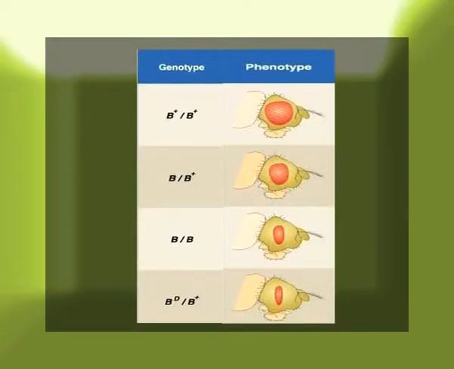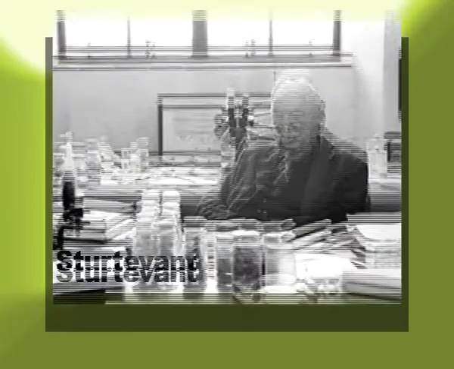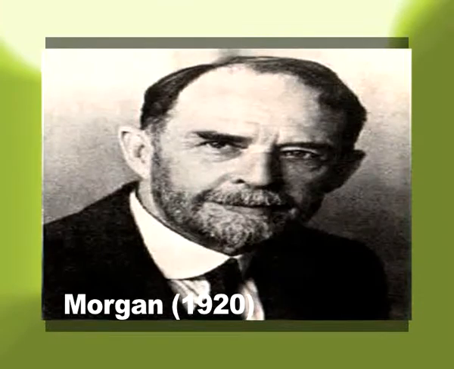The classical example of phenotypic variation due to duplication is the Bar mutant on the X chromosome of Drosophila. This was first studied by Sturtevant and Morgan in the 1920s.